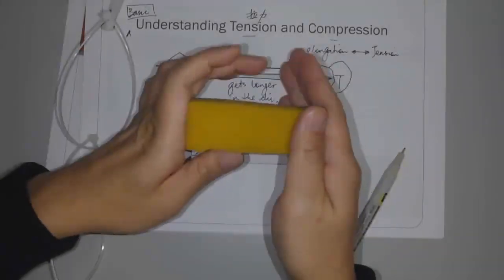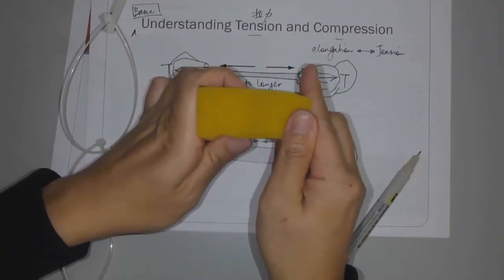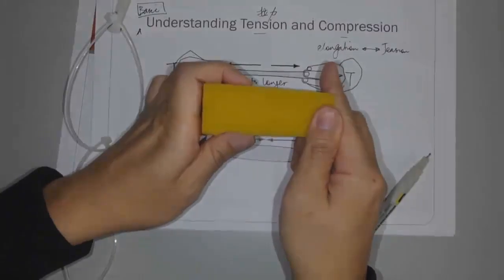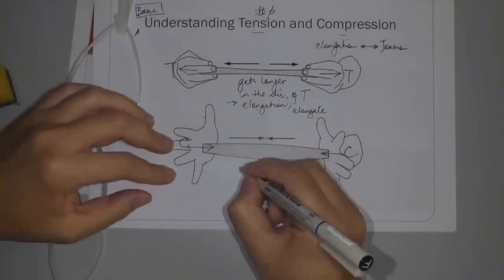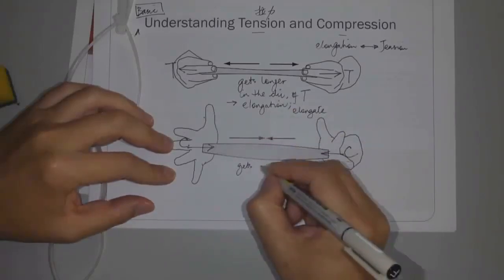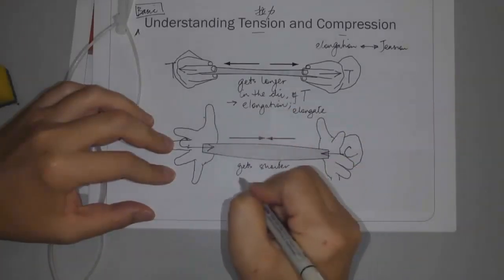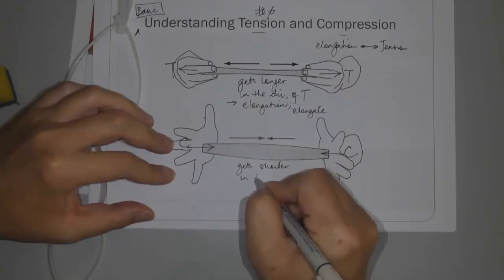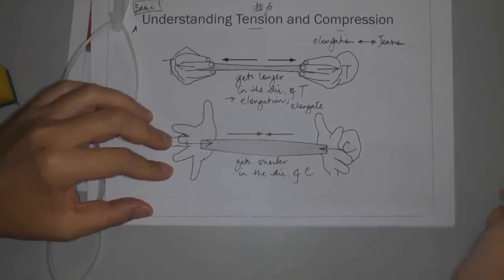If you compress it, instead of longer, it gets shorter, in the direction of your compression C.